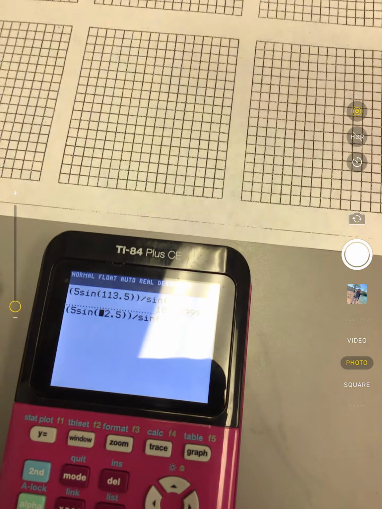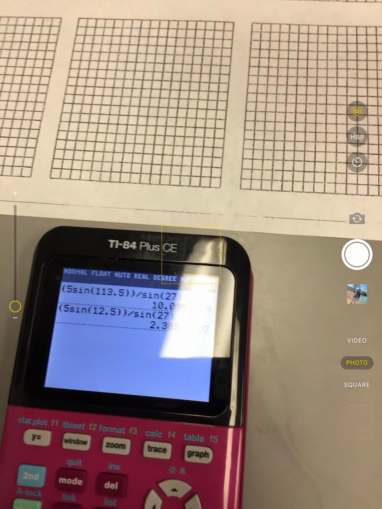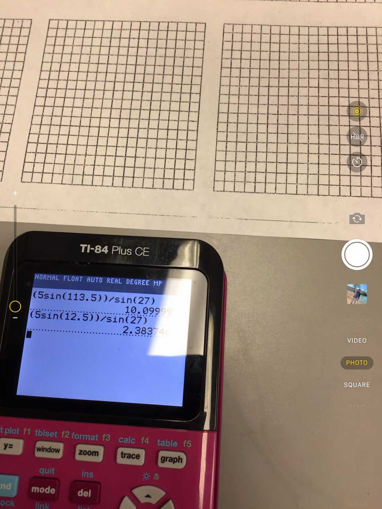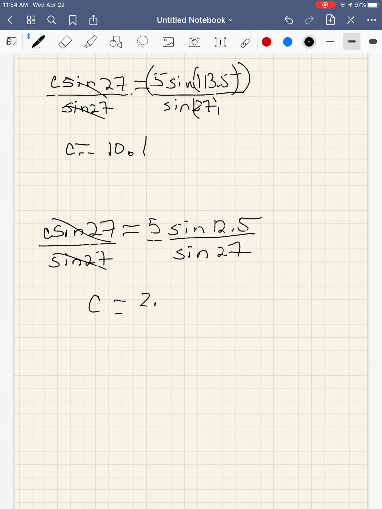Okay, and that way we don't have to enter the whole thing in again. Okay, so if we hit that, we get the other value for C, which is 2.38. All right. So that is clearly an example of when the ambiguous case gives us two triangles.